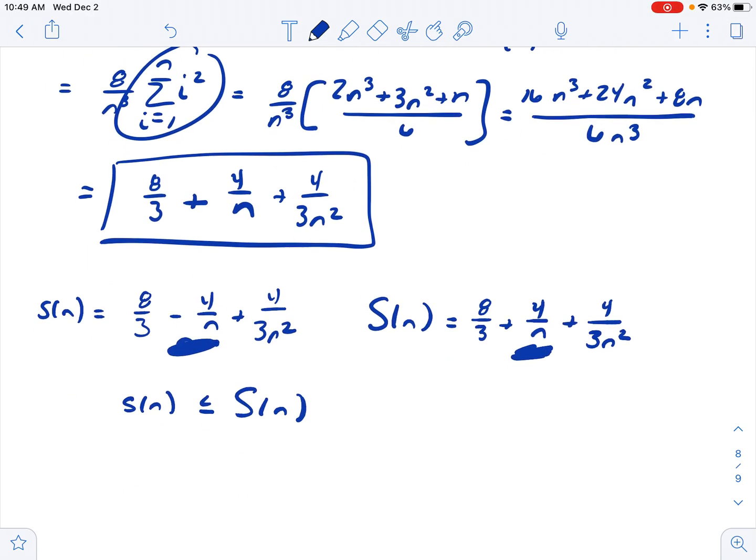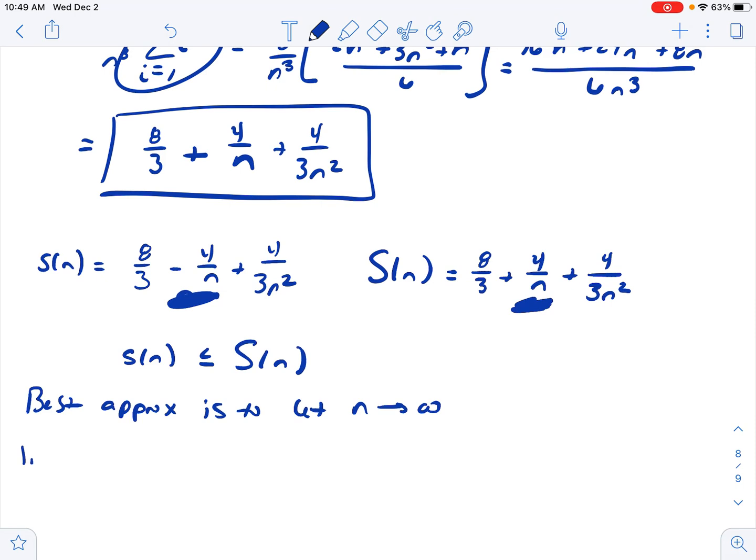What did we say was going to give us the very best approximation, though? The very best approximation is to let the number of rectangles or subintervals go to infinity. Let's take a look at the limit of these upper and lower sums.